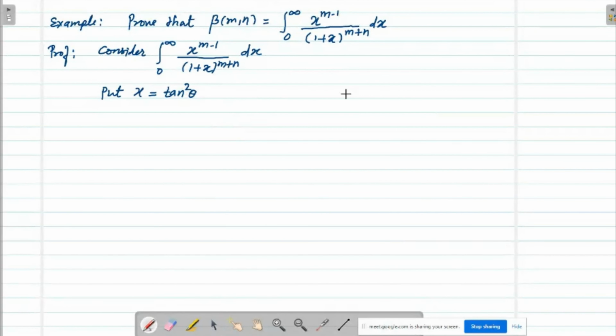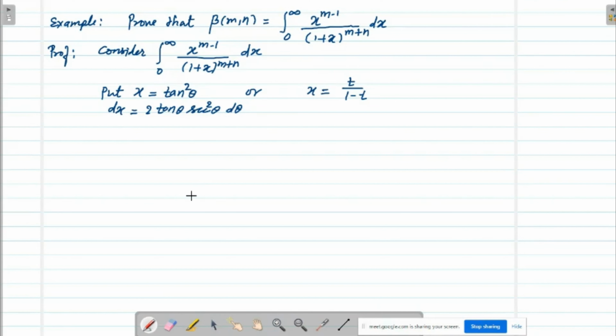Or if you don't want to put x equal to tan square theta, you can put x equal to t by (1 minus t). If you put this, you can also solve this problem. Now we put x equal to tan square theta and differentiate, so dx equals 2 tan theta sec square theta d theta.